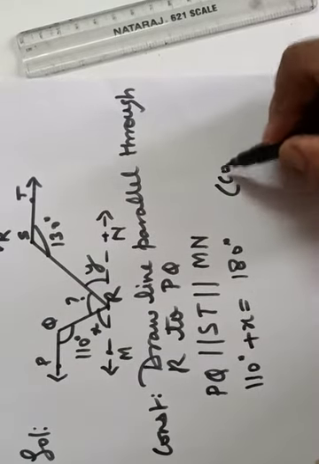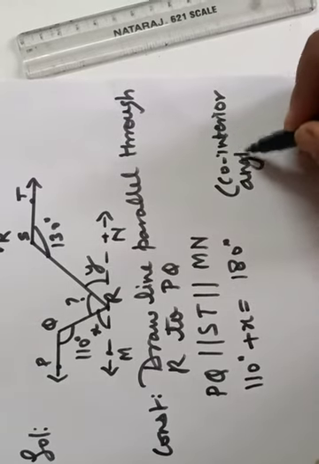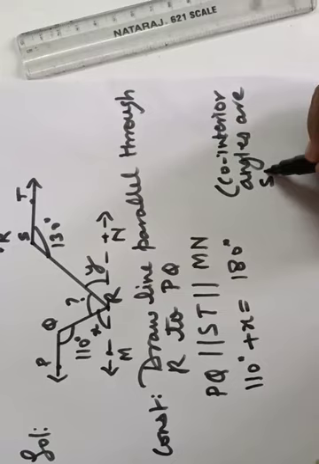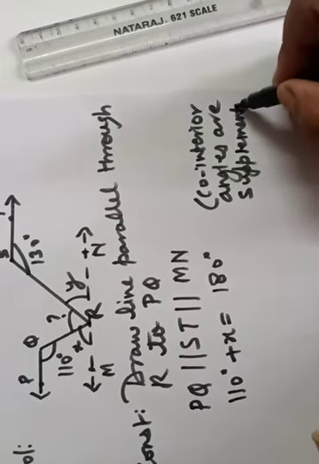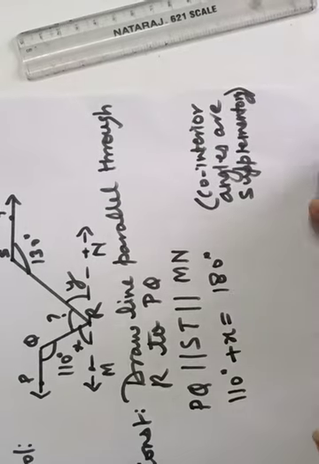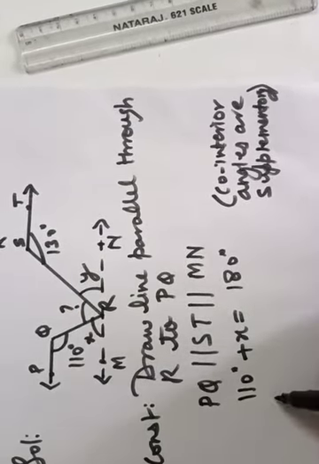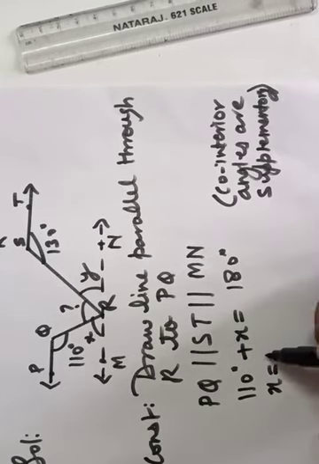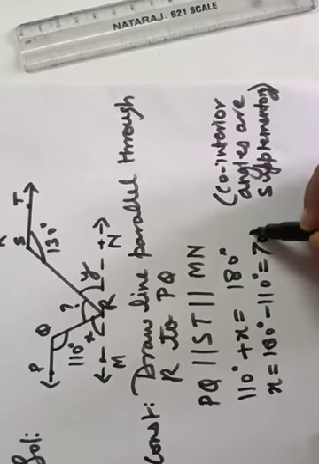We can write co-interior angles are supplementary. Supplementary means their sum should be equal to 180 degree. Yes. So the value of X is equal to 180 degree minus 110, that is equal to 70 degree.